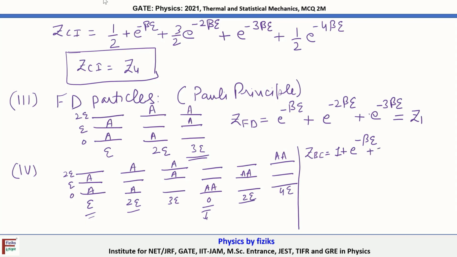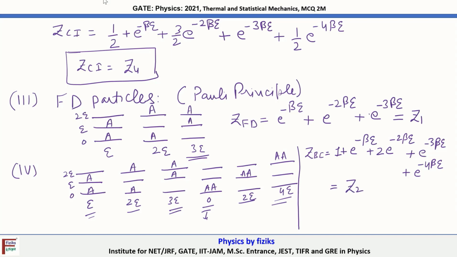So plus 2 exponential minus 2 beta e, plus the term corresponding to energy 3e, exponential minus 3 beta e, and then the last term plus exponential minus 4 beta e. Okay, so this is the partition function when we treat these as bosonic particles, and this is equal to Z2 in the given options.